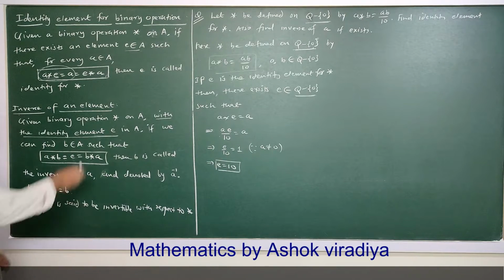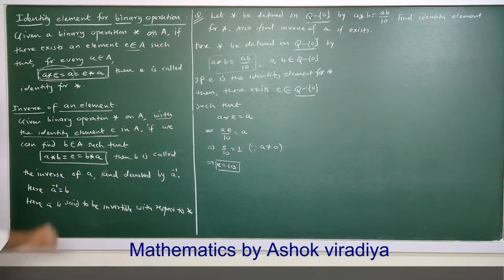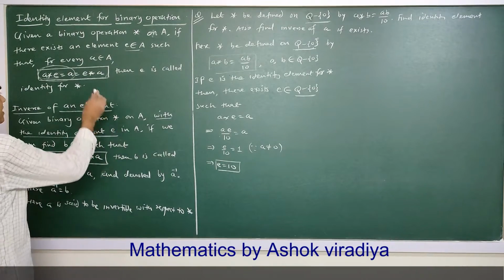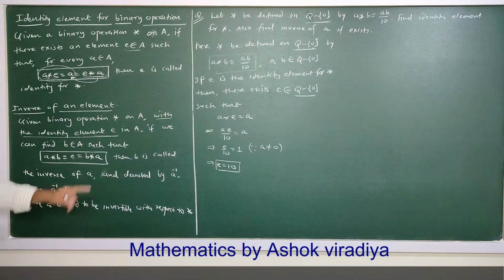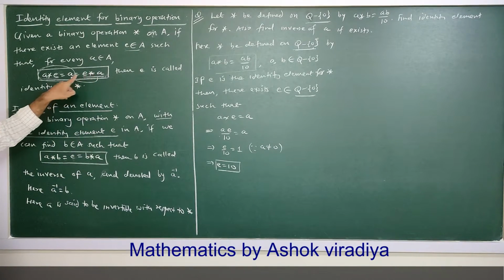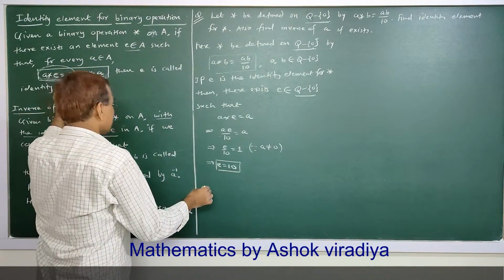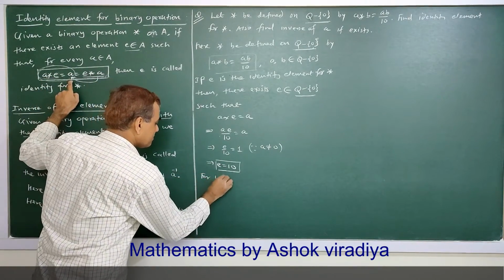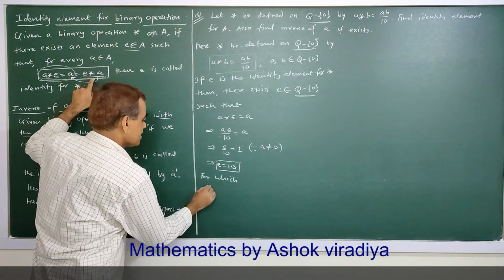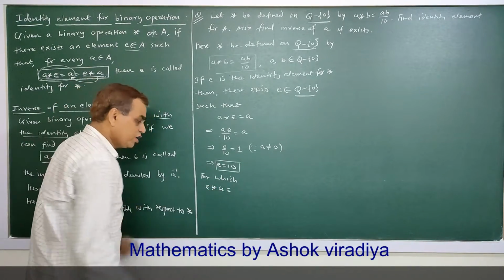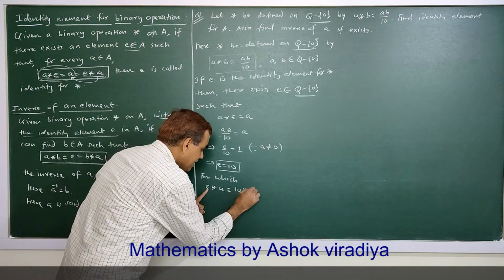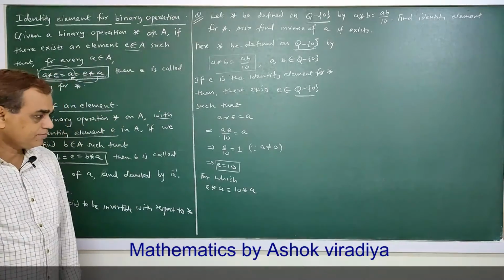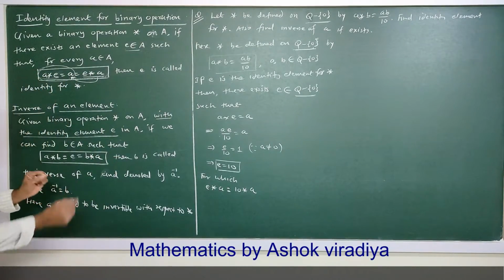Now this value of E we have found from this part. It should satisfy the other part also. For the same value of E, E star A must be equal to A. So we verify this part. E star A equal to 10 star A, putting E equal to 10.